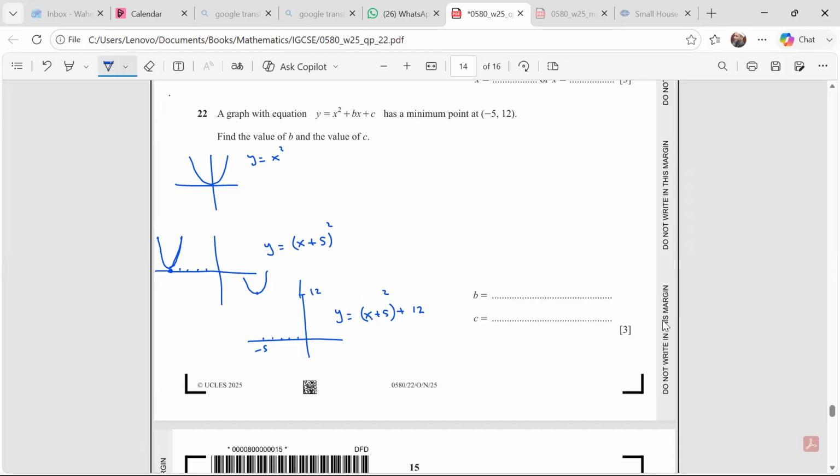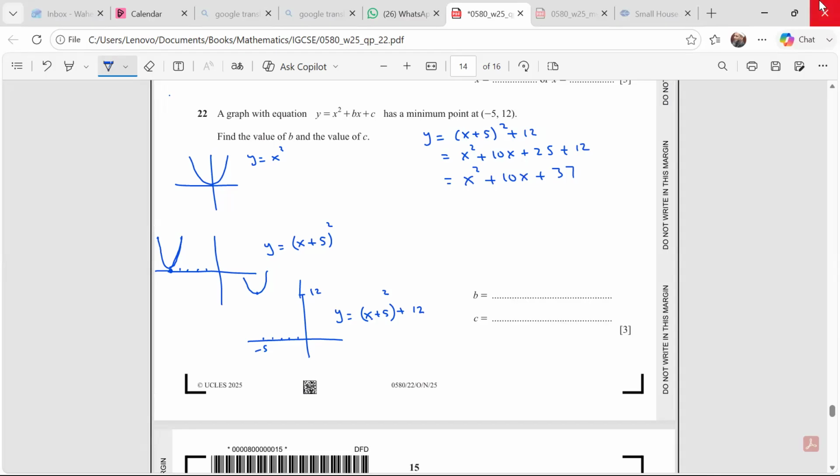So this is my equation: y equals (x plus 5) squared plus 12. Let's expand it. This is x squared plus 10x plus 25, and plus 12. So this would be x squared plus 10x plus 37.